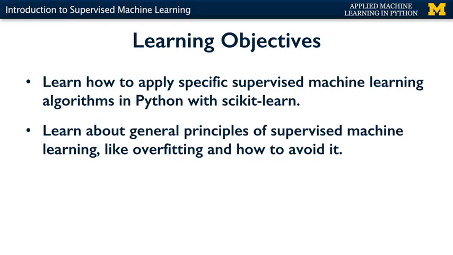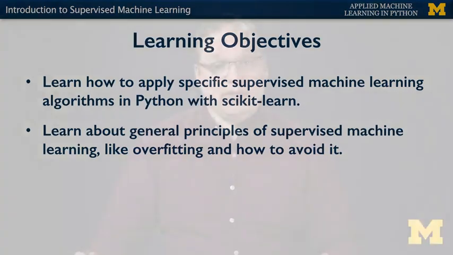Across all of these algorithms, we'll discuss some general principles that are critical to machine learning, like the issue of overfitting, and how overfitting relates to a model's complexity, and which parameters typically can be used to control model complexity in order to obtain good performance on previously unseen data.